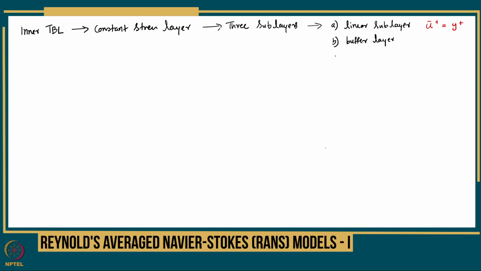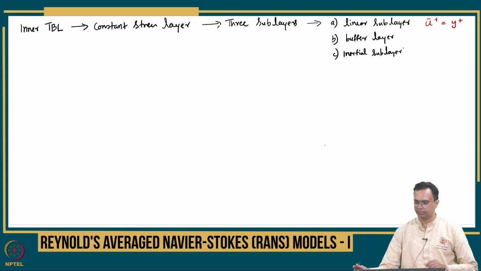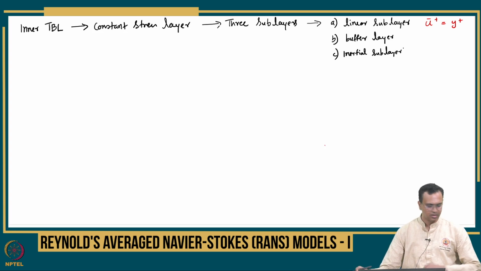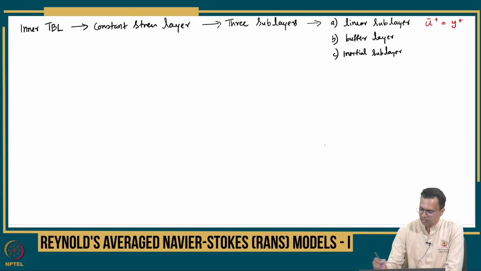And then we have an inertial sublayer. This inertial sublayer, we didn't discuss much about it, and I said that this is also an overlap zone where your outer layer and inner layer equations are both valid, and the inertial sublayer is also called the log law region.